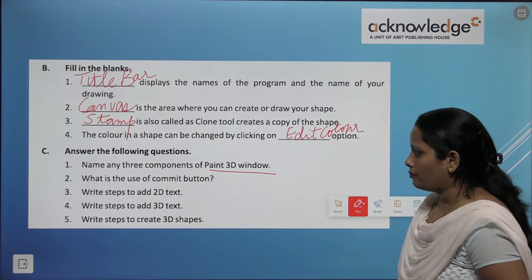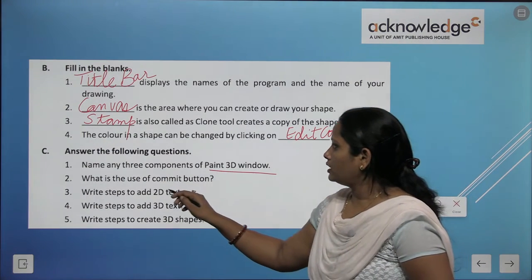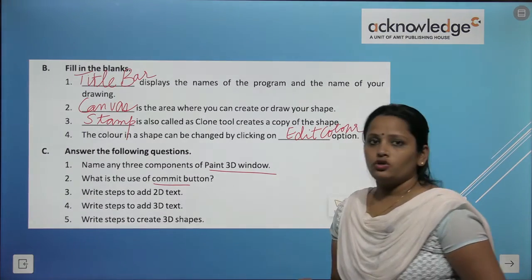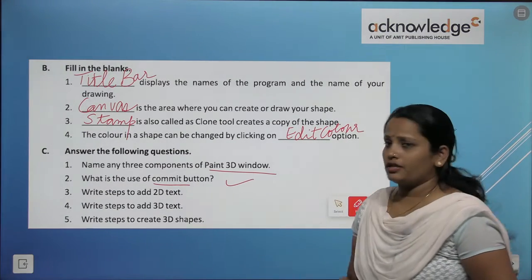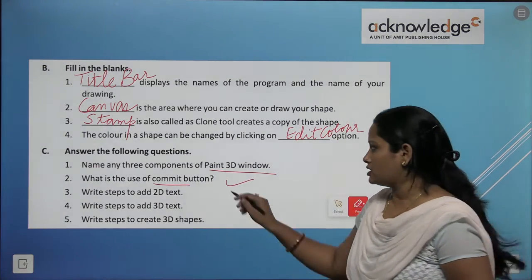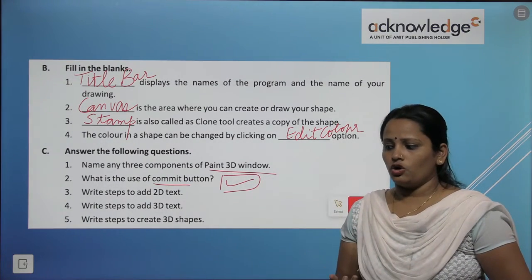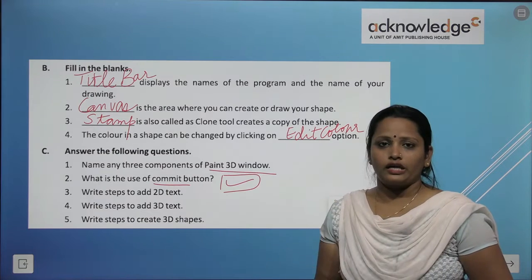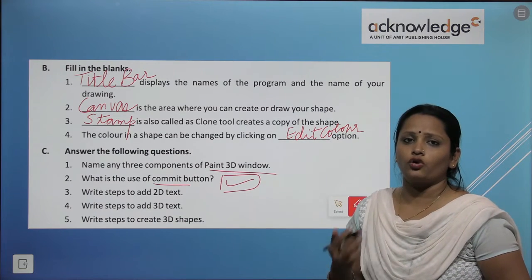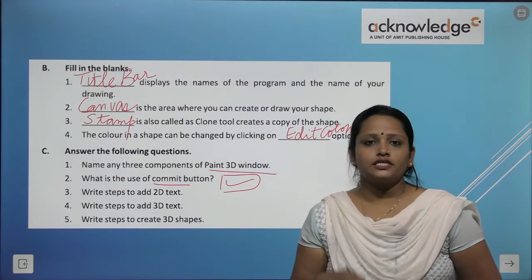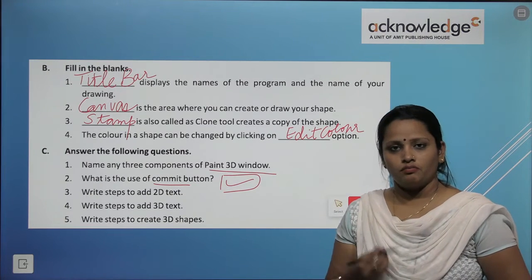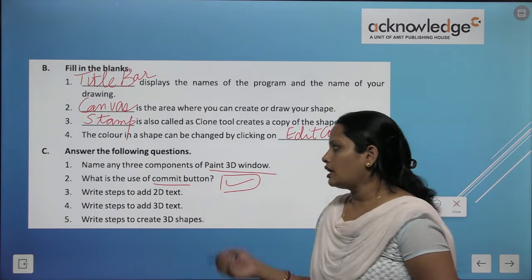What is the use of commit button? So commit button is used to make sure that it looks like this and it makes us sure that our drawing is completed. So after completing the drawing, we click on this commit button so that we can be sure that our drawing is completed.